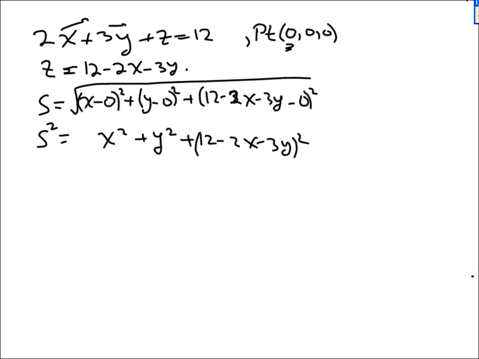So here is the difference in Calc 3. We need to find the partials and set them equal to 0. S squared sub x. Don't ask me why I wrote it that way. With respect to x, I want to take the partial with respect to x.